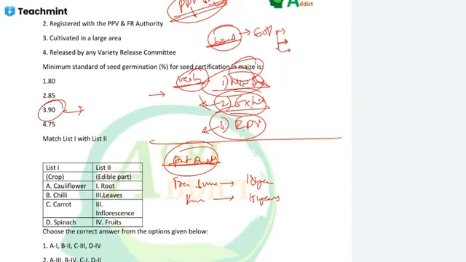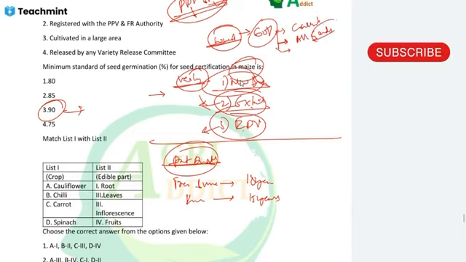Okay, it's 65. Yes. What about 60? Which one is 60? You should not forget it. The lowest germination percentage is for carrot and all the gourds. Bottle gourd, bitter gourd, all the gourds have 60% germination standards.